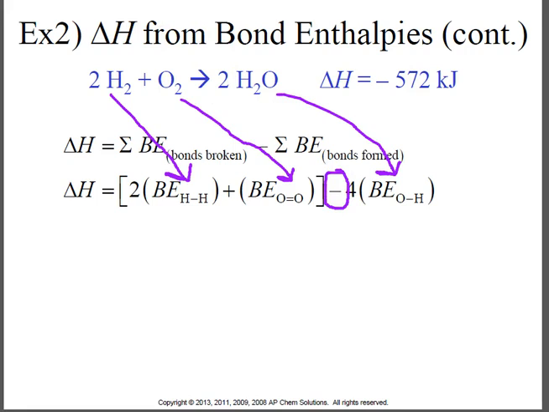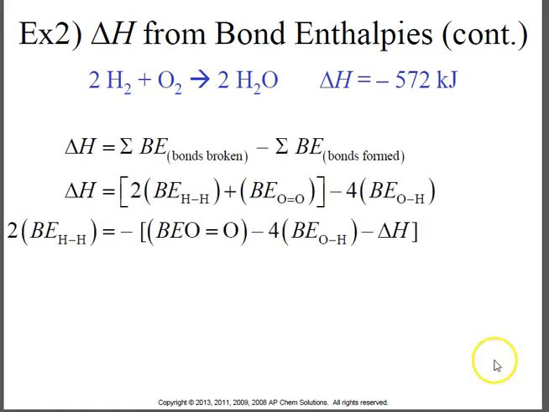Right, then we'll plug in what we know. In this case, we know our delta H value, but we don't know this value here. So what they did is they rearranged the equation.